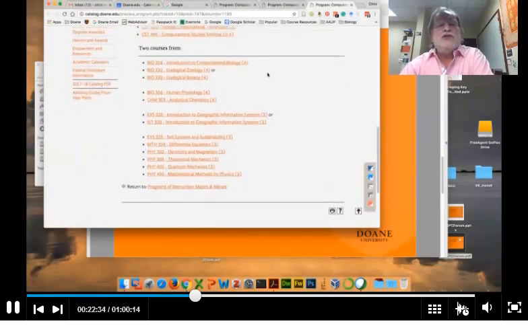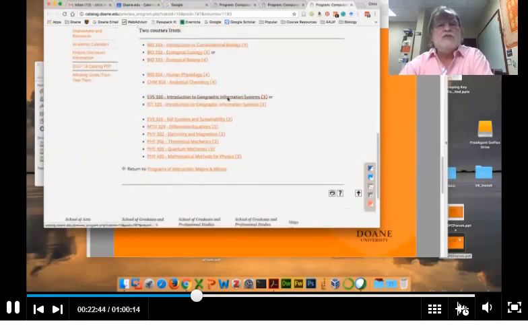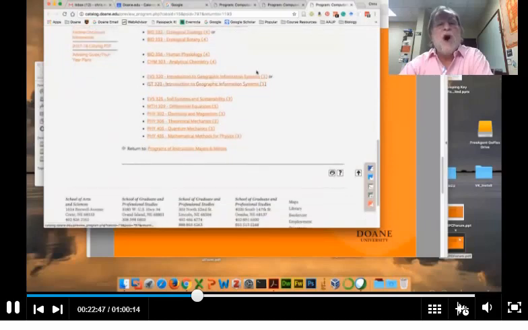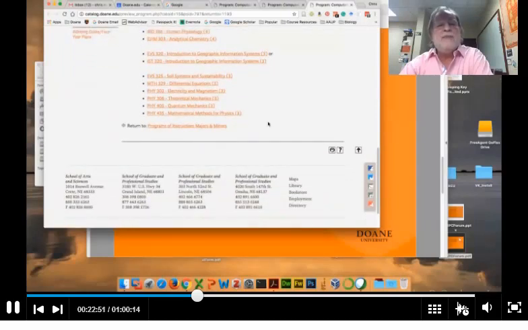They choose two courses from the more applied-oriented courses, and you can see here that we have a selection from biology. There's one chemistry class, one environmental science class, and then a mathematics class, and then several physics classes have a computational aspect to them.